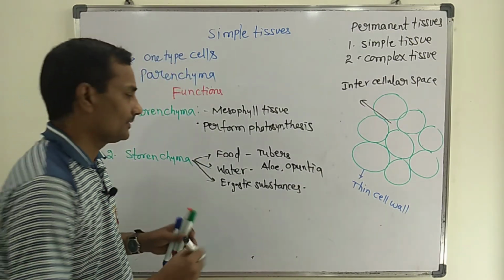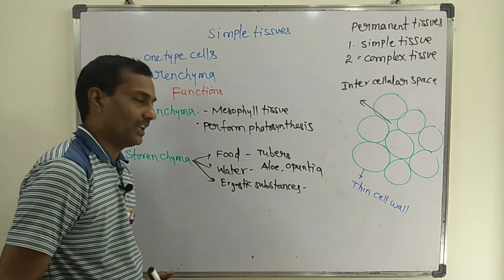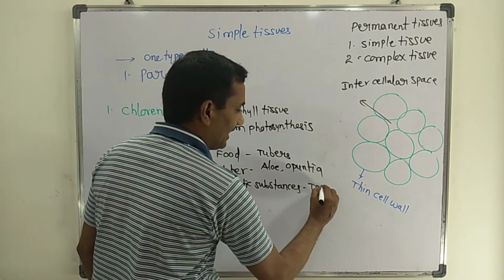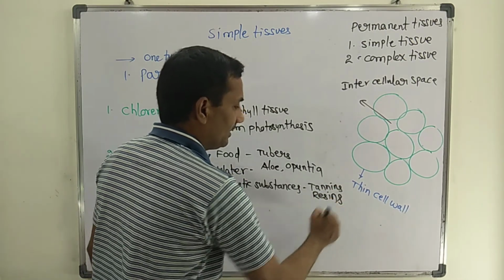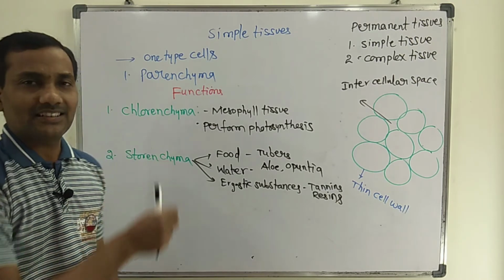In some plants, storenchyma stores ergastic substances like tannins and resins.